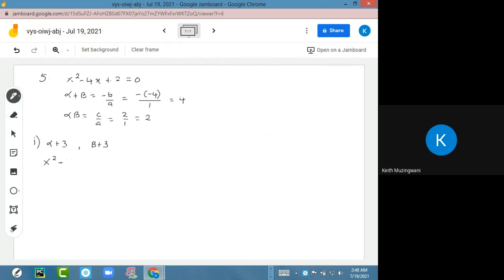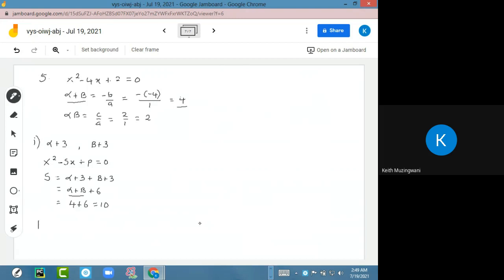The sum multiplied by x plus the product is equal to 0, where our sum is alpha plus 3 plus beta plus 3, giving us alpha plus beta plus 6. But alpha plus beta is 4. So 4 plus 6, giving us 10.